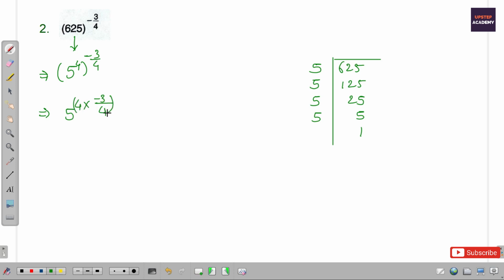So this 4 and this 4 are in division with each other, so we can just cancel them, and the number we get is 5 raised to minus 3, and we can write it as 1 upon 5 raised to 3, and 5 raised to 3 is 125, right? So the answer of the given problem is 1 upon 125.